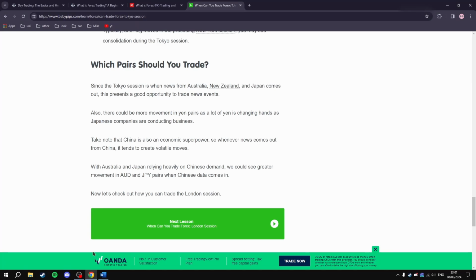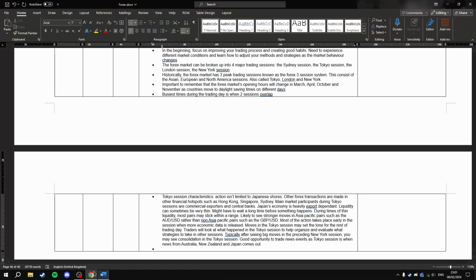Also, there could be more movement in yen pairs as lots of yen is changing hands.